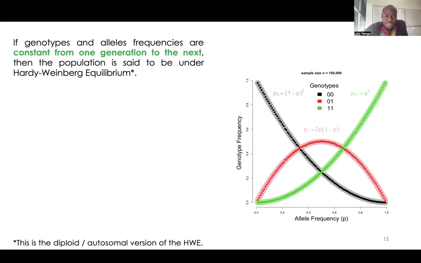Going from allele frequency to genotype frequencies, those equations are shown in the context of diploid species like humans, but you can generalize them to other types of populations that can be polyploid, so they can have more than just two parental chromosomes. There is also a version of that for sex chromosomes. Here we are assuming that we're looking at autosomal chromosomes.